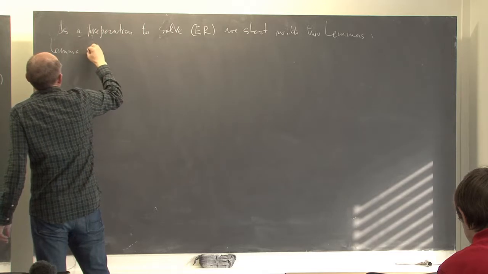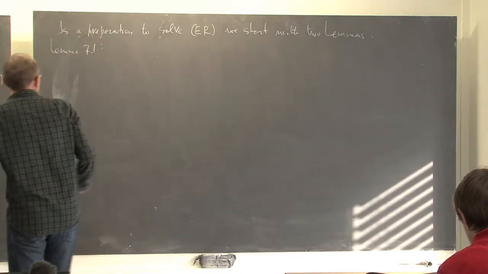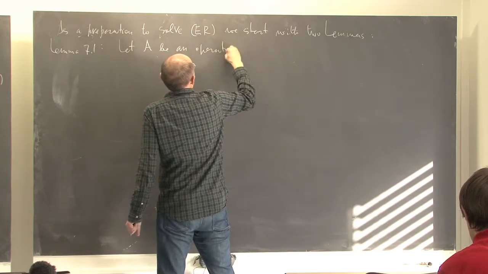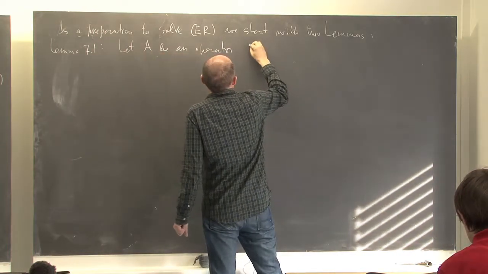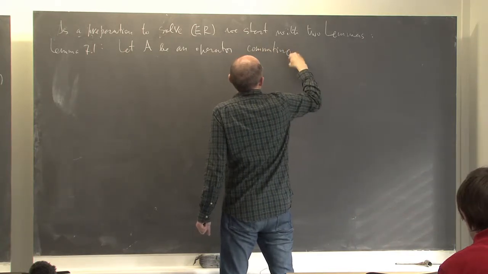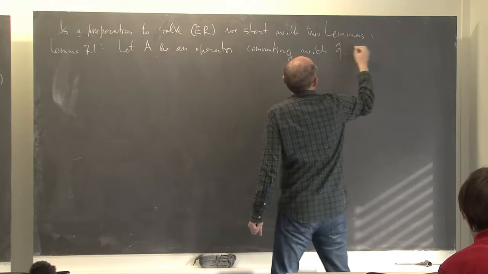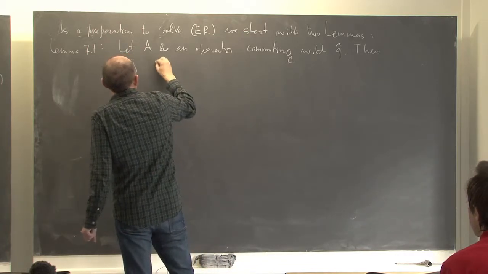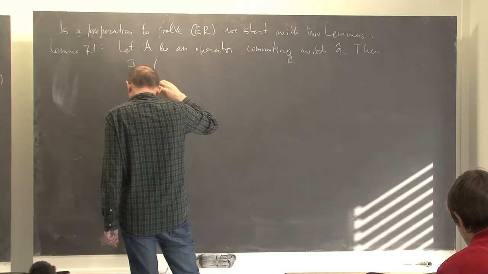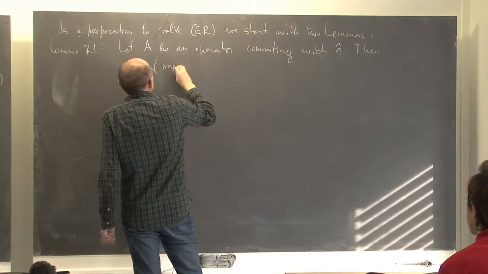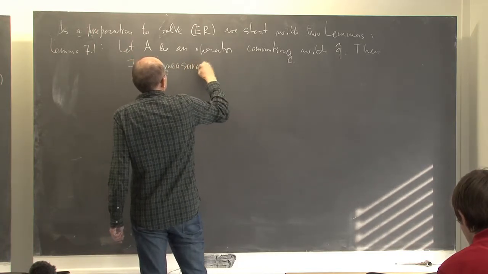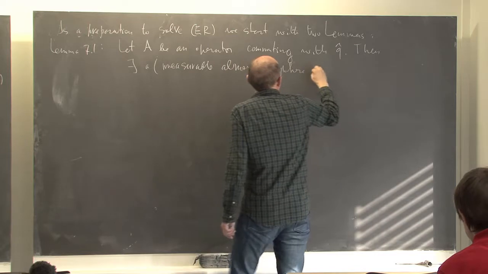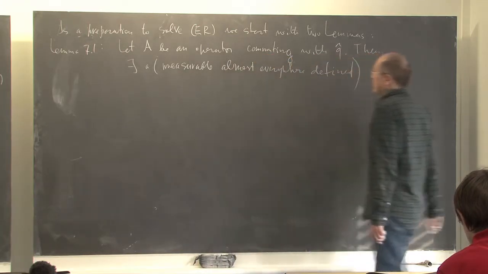So lemma 1, or 7.1, tells the following. Let A be an operator commuting with Q. Then there exists a function, measurable, almost everywhere defined, but this is in parentheses.